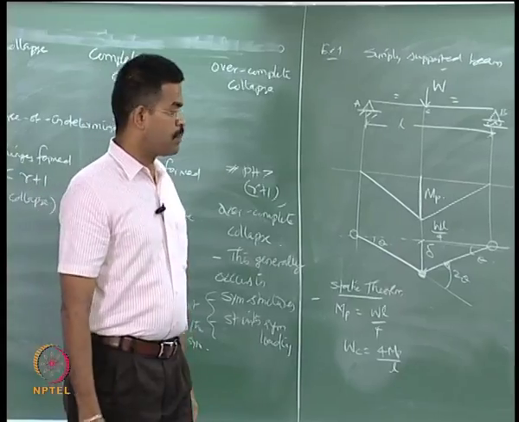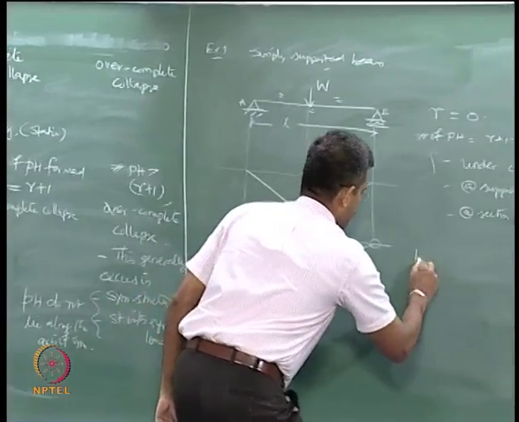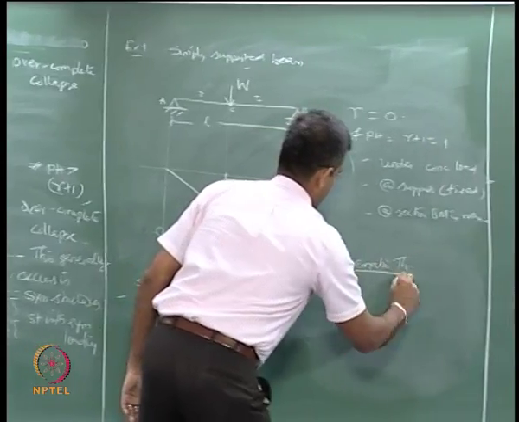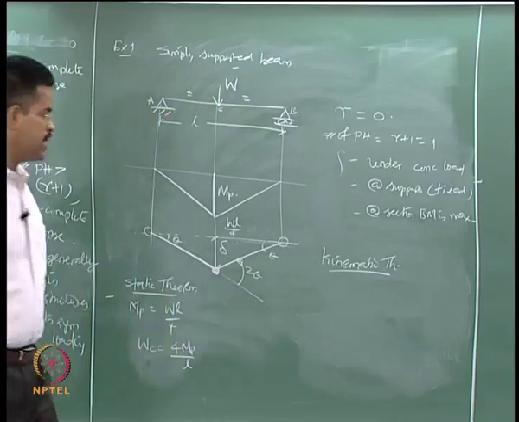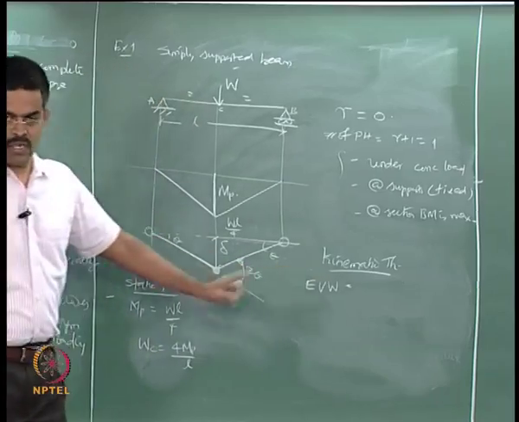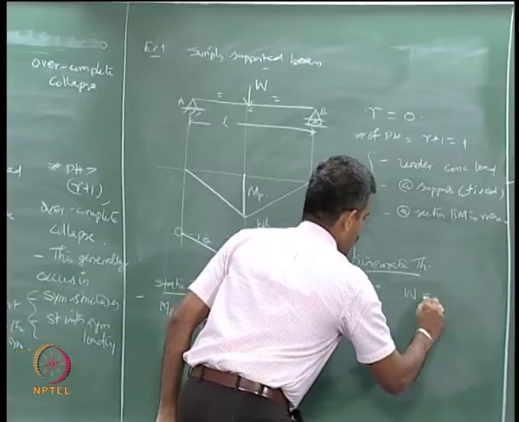Agreed? So, the principle of virtual work has to be applied for the kinematic theorem. What is the external virtual work? It is the load multiplied by deformation, which is W into delta.